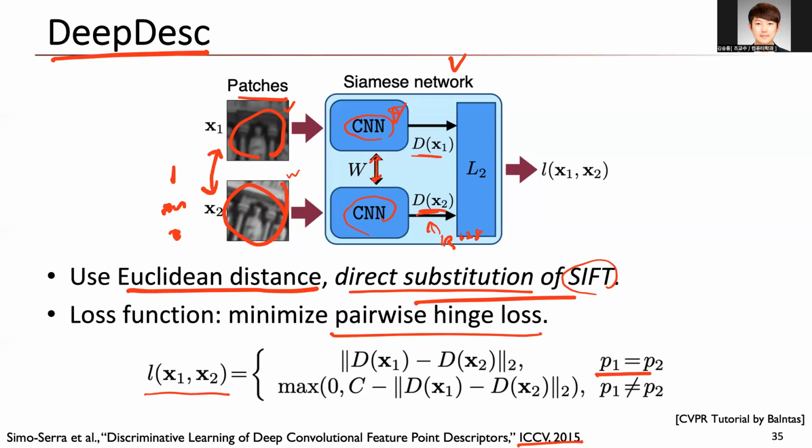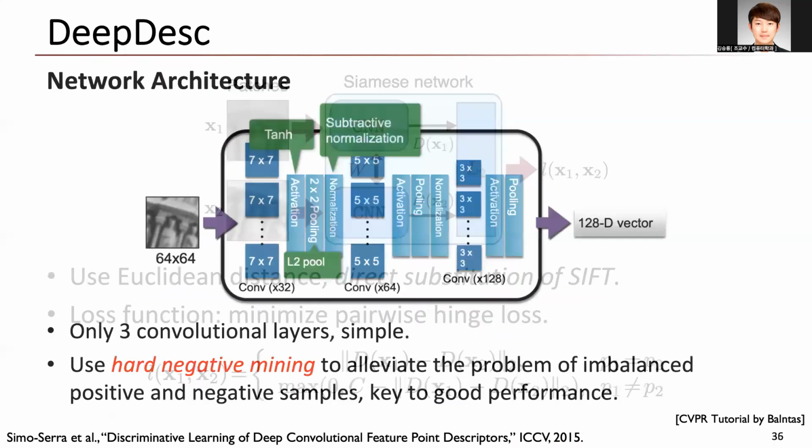For the positive sample, we try to minimize the distance. If this is the negative sample, we have to maximize the distance. Then this descriptor model, the CNN architecture, can generate better feature vectors based on the learning signal, right? This is a deep descriptor.